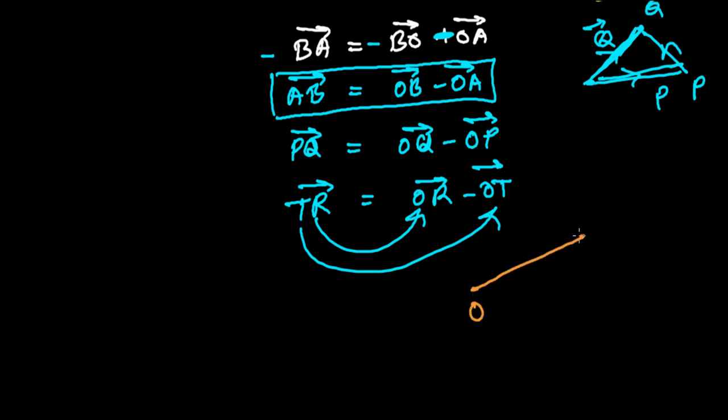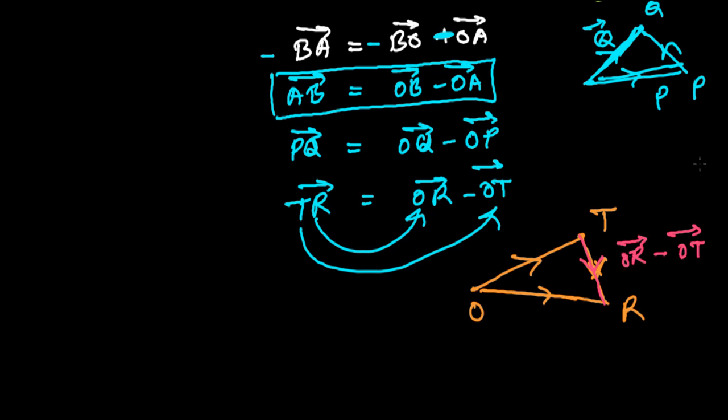O is representing origin, and this time this side is R and T. So OR minus OT is represented by TR.